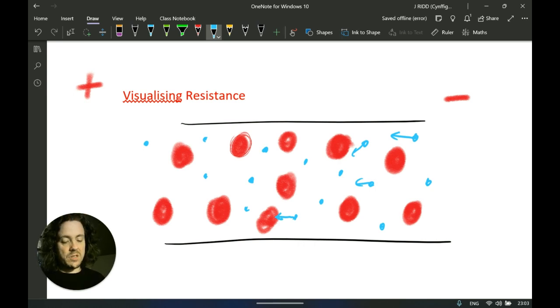When that potential difference causes the movement of that electron, and all of these electrons, they can indeed collide with the ions in that material. And it's this collision between electrons and the ions that gives rise to the concept of resistance. It's how we explain, if you like, what resistance is on a particle level.